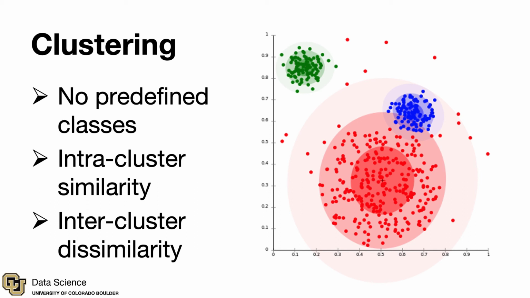Rather, I'm just given the raw data points, and I want to find some kind of distribution. If you look at this 2D space, if all the data points are uniformly distributed, then you don't see any clusterings.